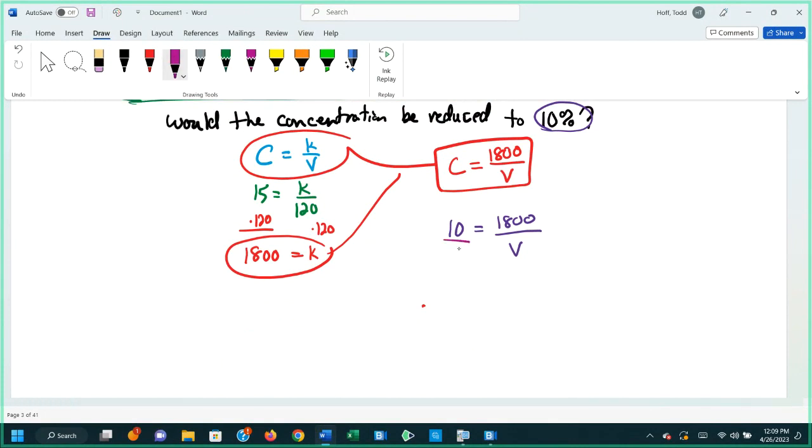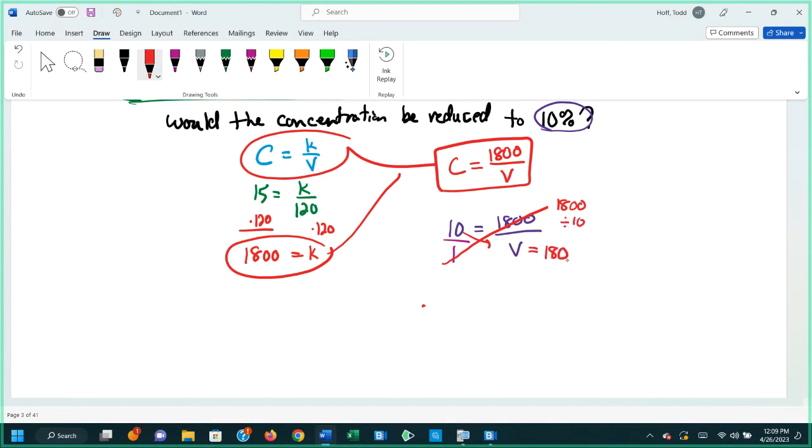But the way to make it simpler is to do this. We put the 10 over 1 to make the left side a fraction as well. And now this is a proportion. So we can solve by cross multiplying and dividing. The two numbers that are diagonal with each other are the 1 and the 1800. We multiply 1 times 1800 to get 1800. The number that's diagonal with our missing number is the 10, so we divide by the 10.